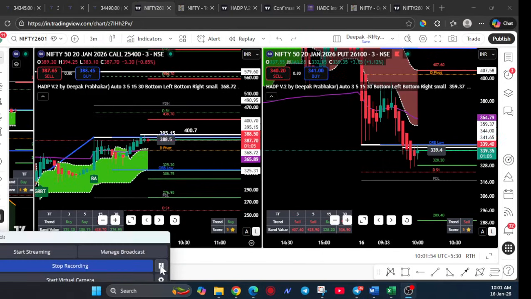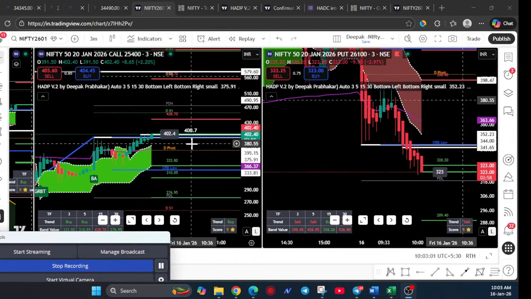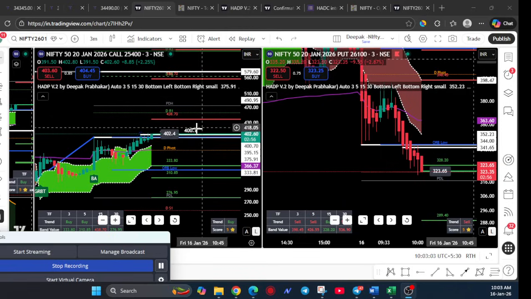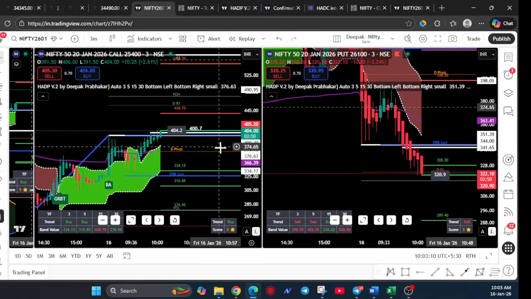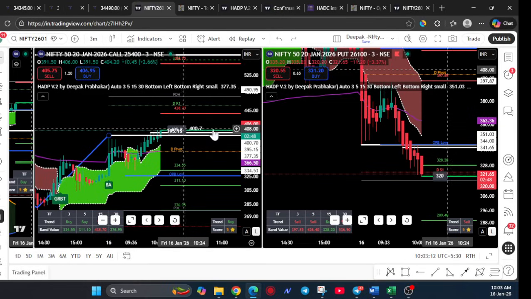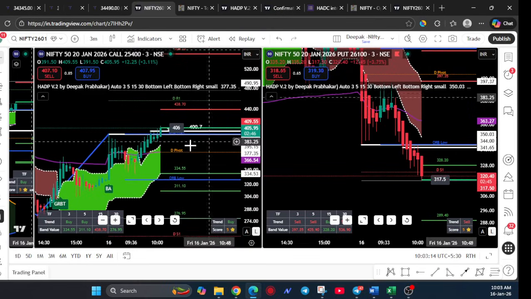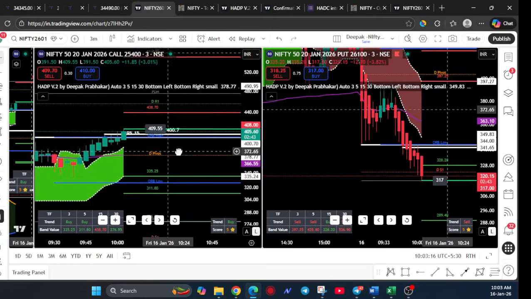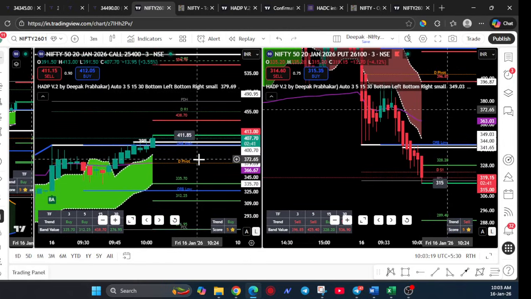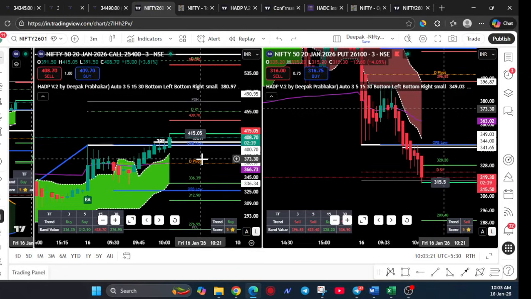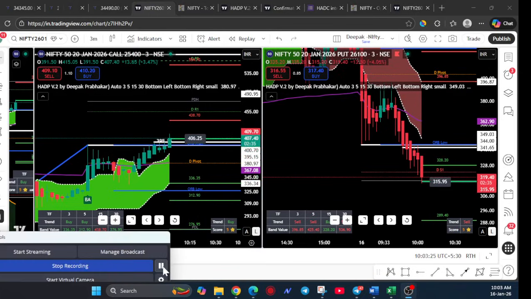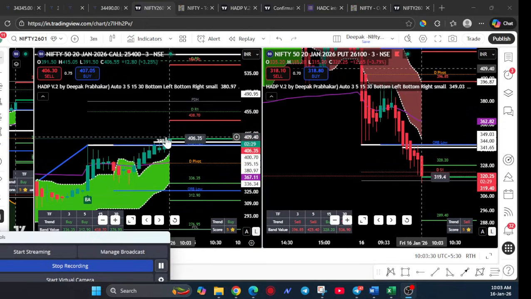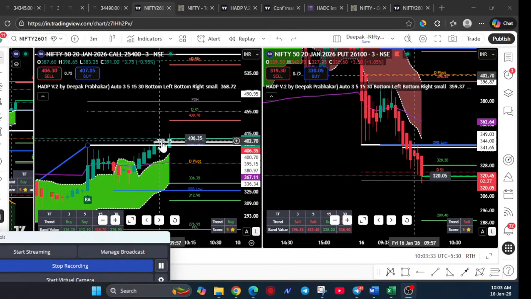Let's go on pause. On 1 minute candle also, the trigger of 400.7 is done now. 3 minutes at 395.15 has already hit 405, 409, 411 now, 415. 415 is how many points from 395? 20 points already.